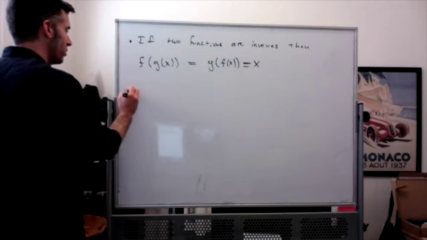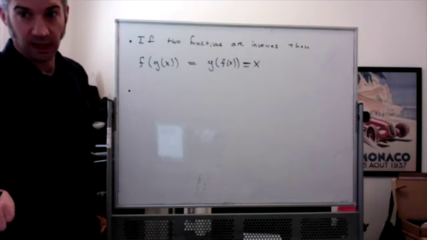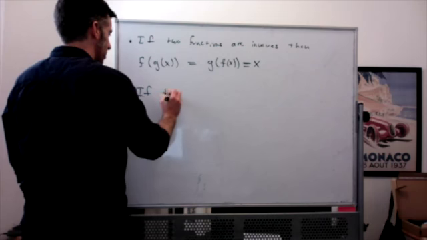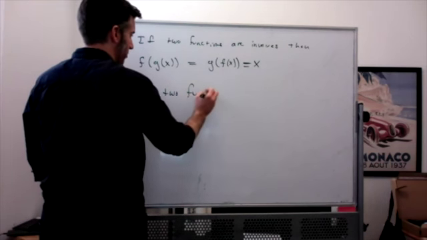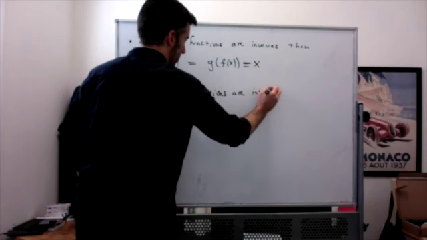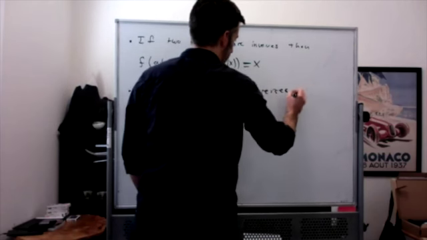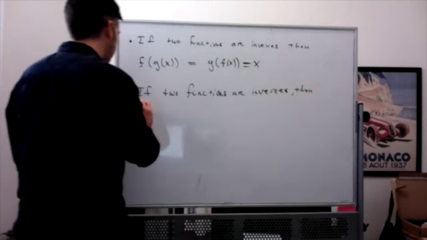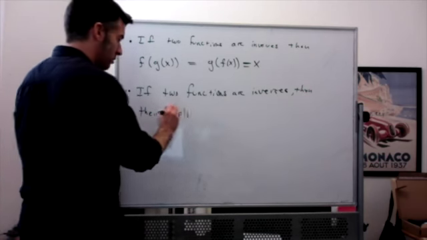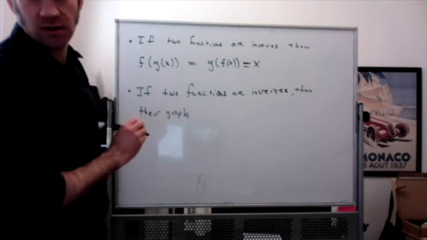Another thing that's true, which I already said, I'm going to write it down. If two functions are inverses, then their graphs are, what's the best way to say this?